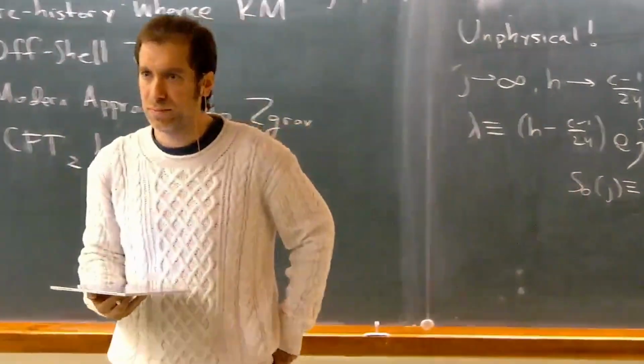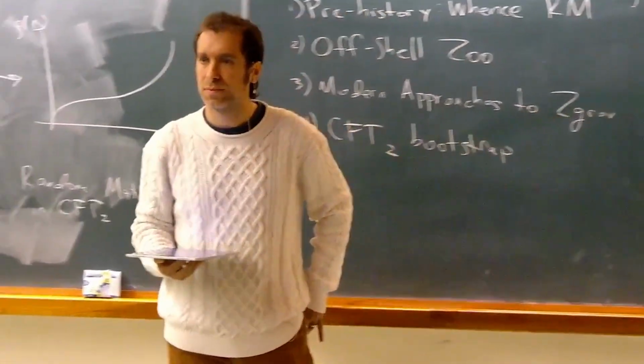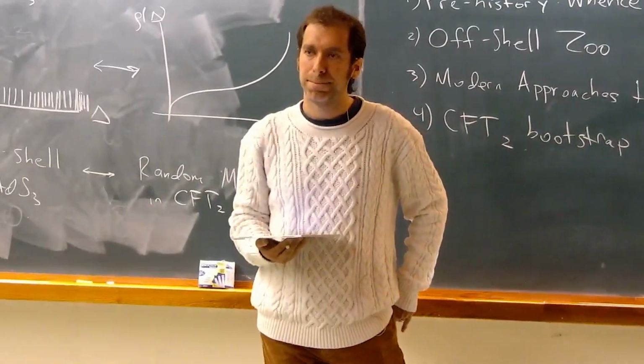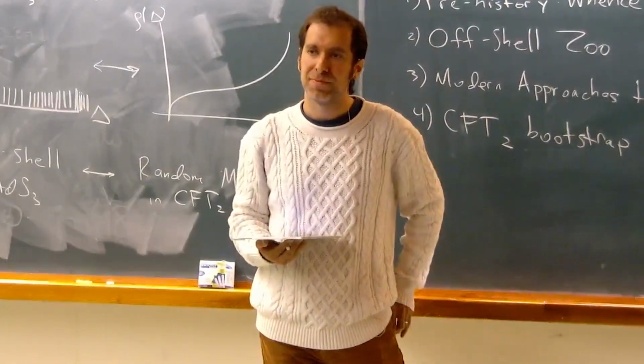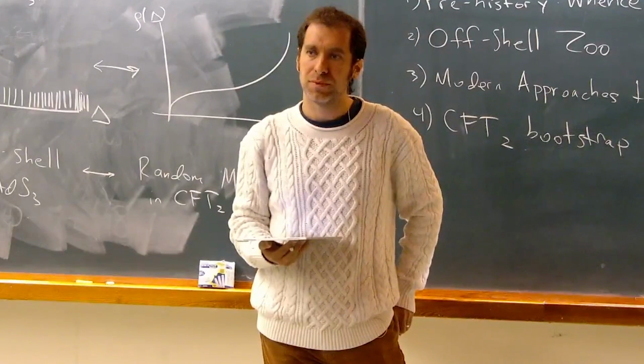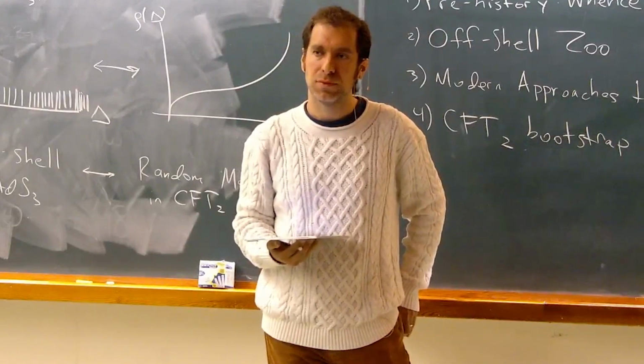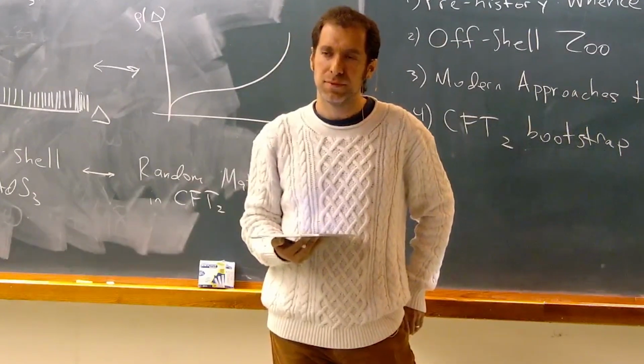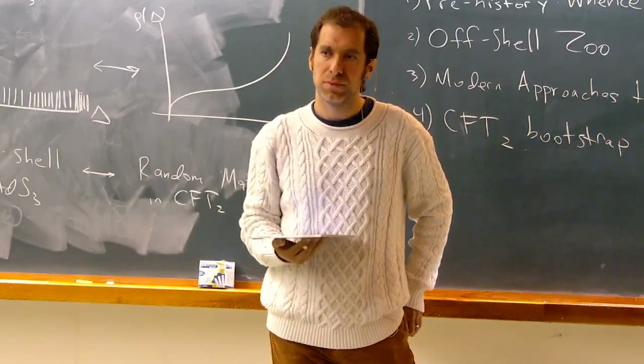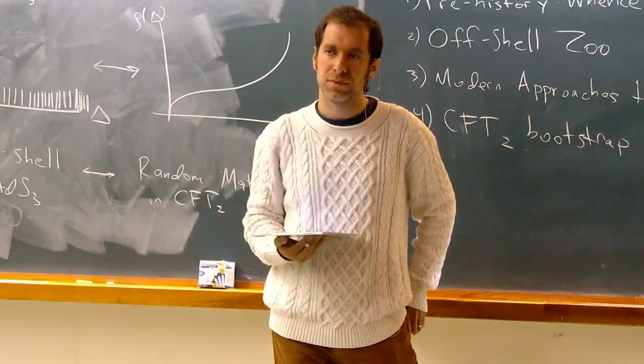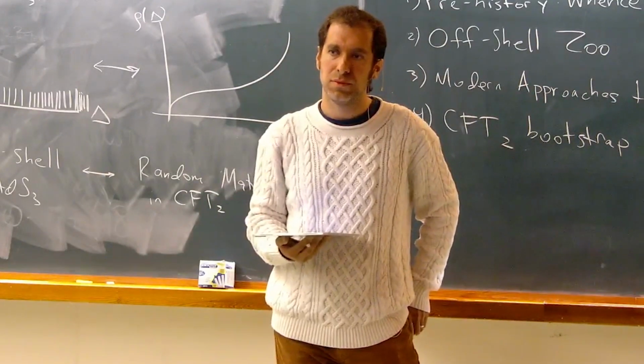No, I'm asking from the 2D point of view, if the 2D thing was so exact that we could trust including these off-shell configurations, why weren't we seeing the negativity to begin with from a 2D perspective?